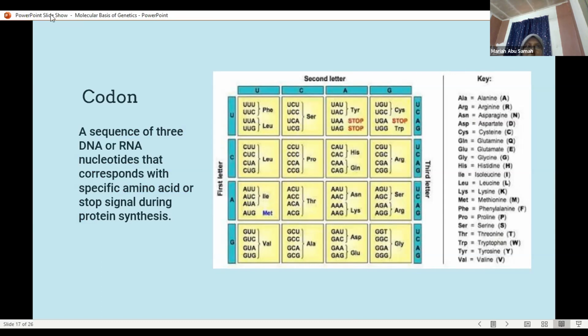In a straight RNA or DNA strand, there are many nucleotides, right? So if the sequence of nucleotides is UCU, then it will correspond to the amino acid serine. If UAU, it will correspond to tyrosine, and so on. So that is a codon.